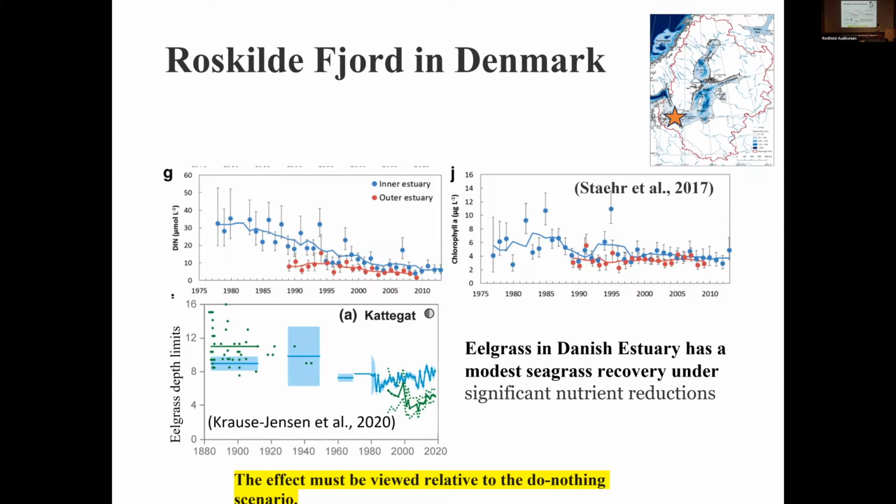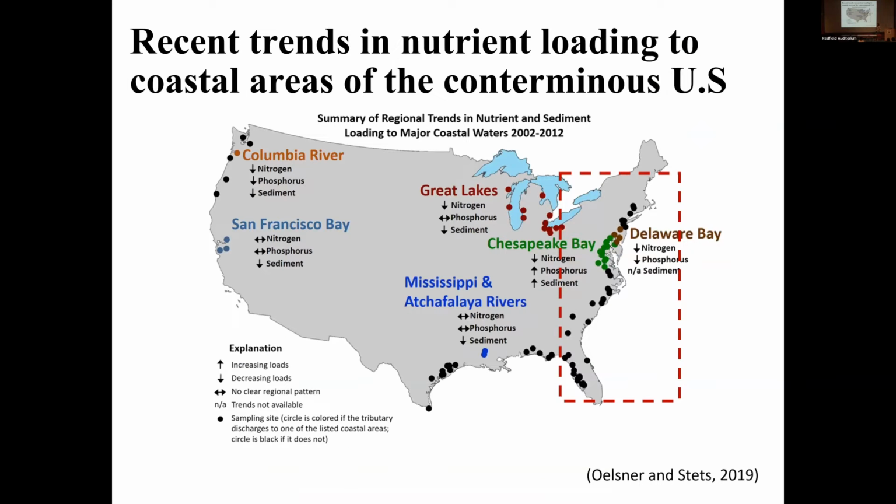The average DIN concentration in this fjord is actually less than 50% of the original nutrient concentration, highlighted by this A, and the chlorophyll concentration also declined. You can see the trend. But the eelgrass, even with more than half of the nutrients reduced, is only at a moderate recovery. Again, from yesterday's lecture, we know it takes some time for the ecosystem to respond to the perturbation, okay? And we have to be patient.